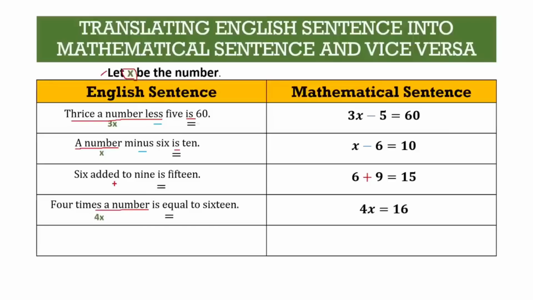That is the mathematical sentence for this English sentence. Next, the quotient of 64 and 8 is 8. When we say quotient, that means division. And the word is again represented by the equal sign. So the mathematical sentence is 64 divided by 8 is equal to 8.